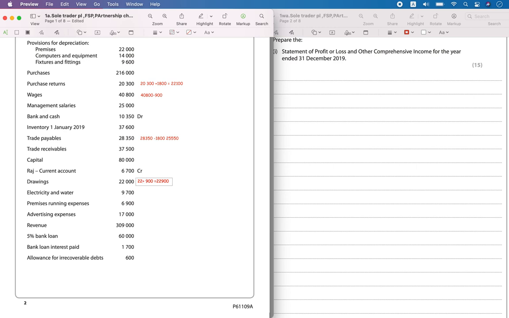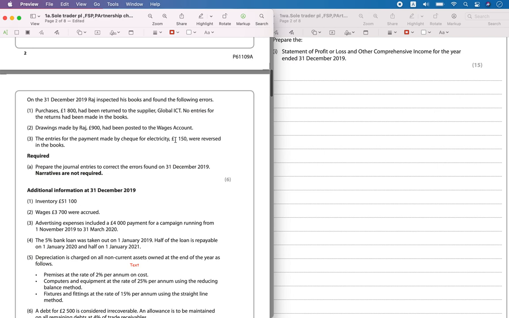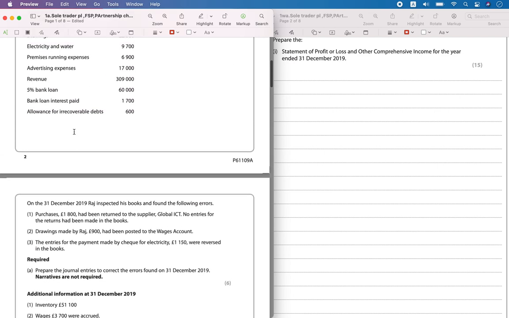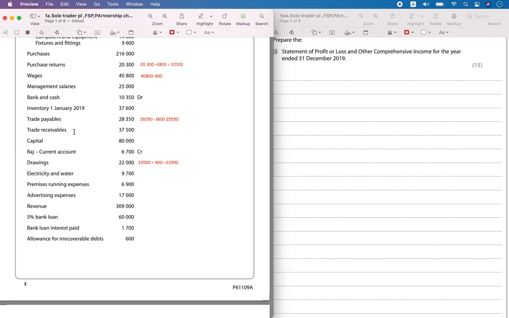And next, the third adjustment we have to do is for the bank and cash and electricity and water.